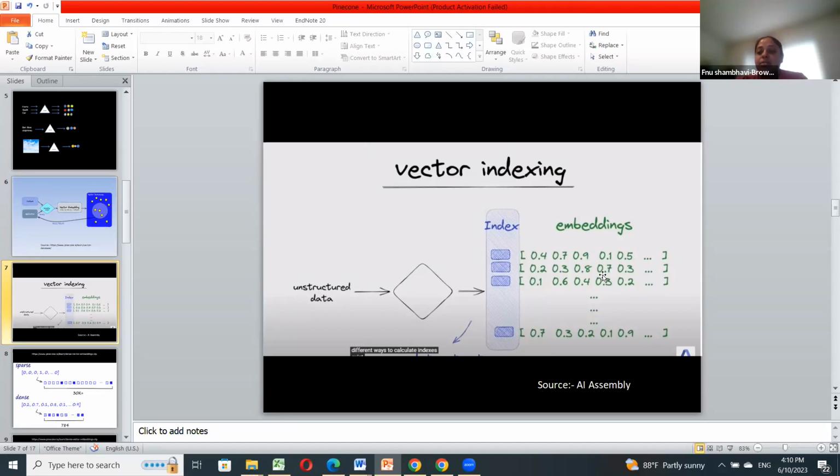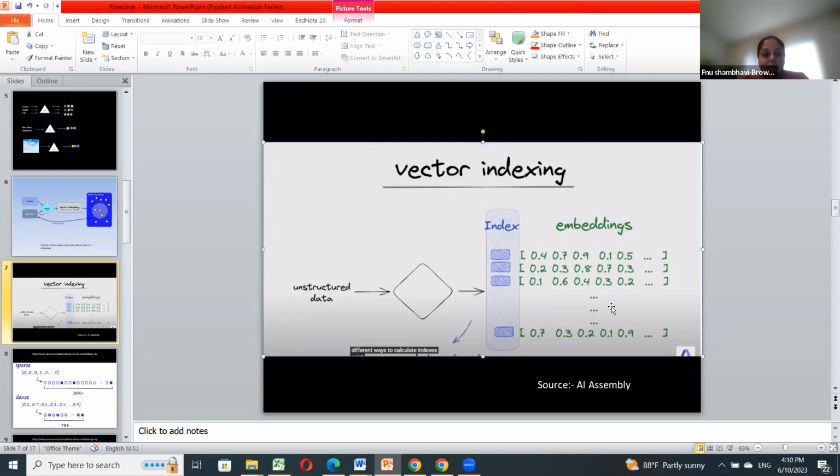It does that by calculating distances, or searching through the nearest neighbors. Based on the distance, it can find out how similar one vector is to another. So indexing is a really important component of a vector database.